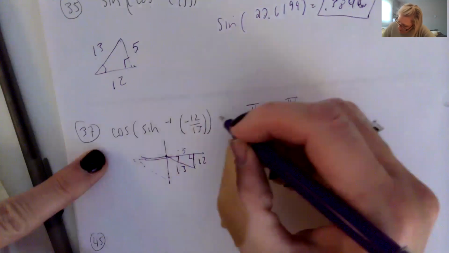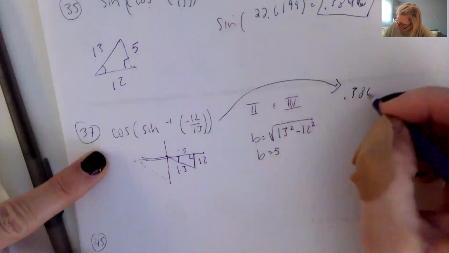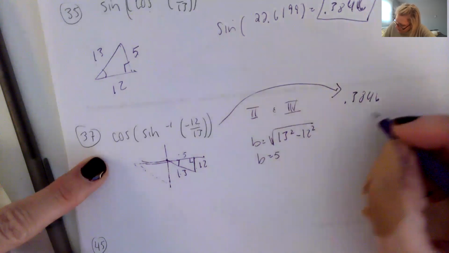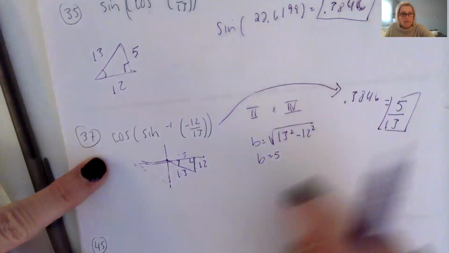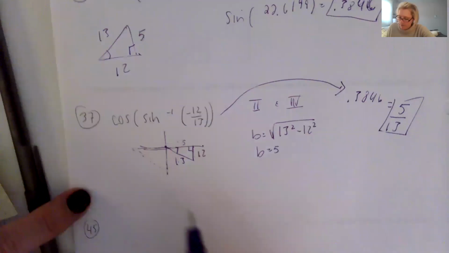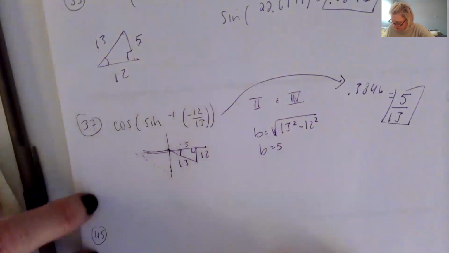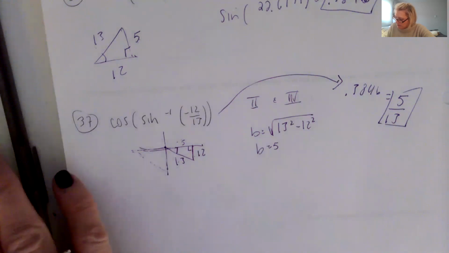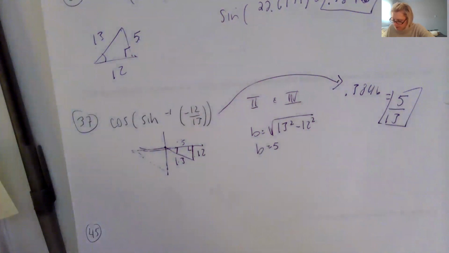So the answer should be the 0.3846 that we had in the last problem, but we all know that that's also equal to 5/13 because we drew the triangle. They're kind of funky ones to work around. In decimals, I think it would come up with that ratio better, 5/13.